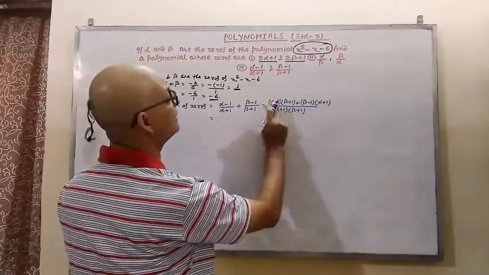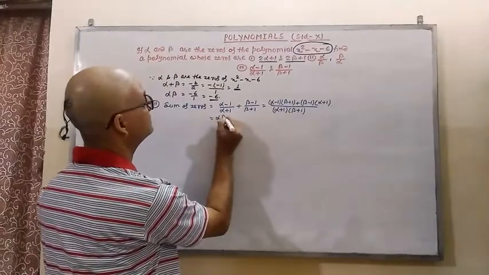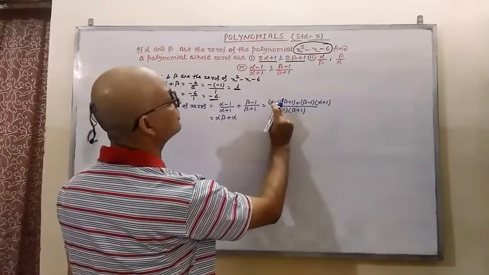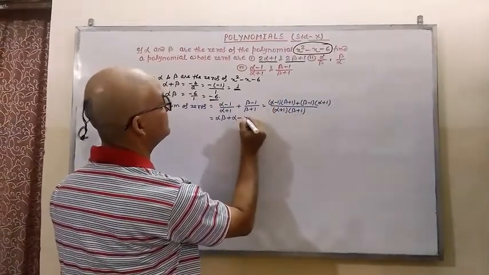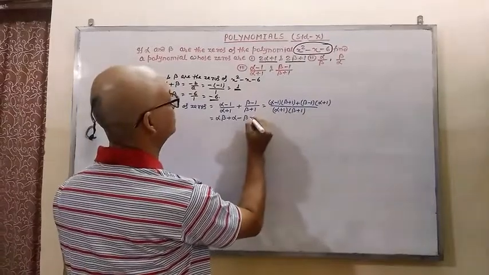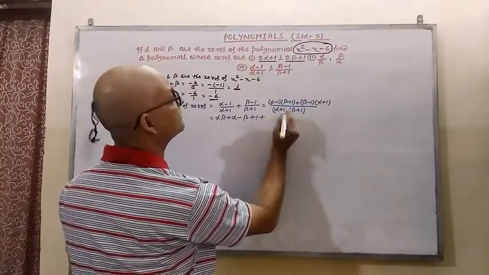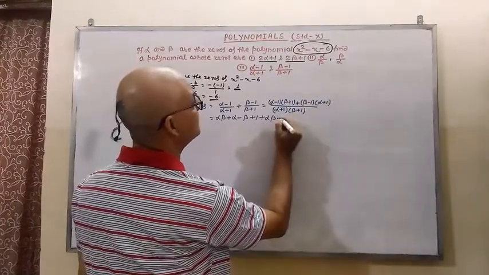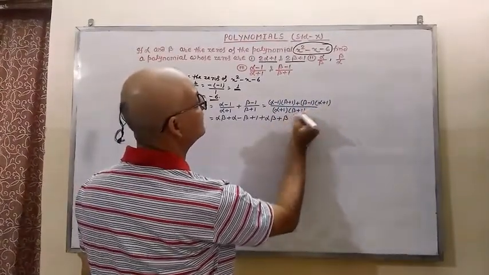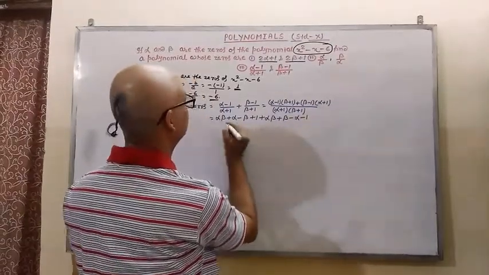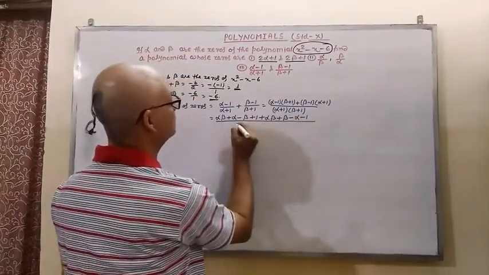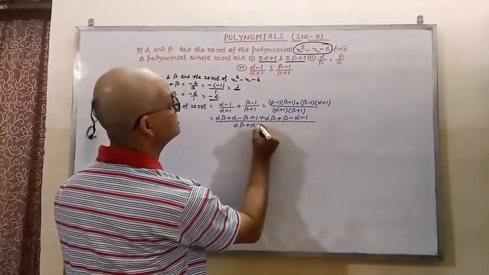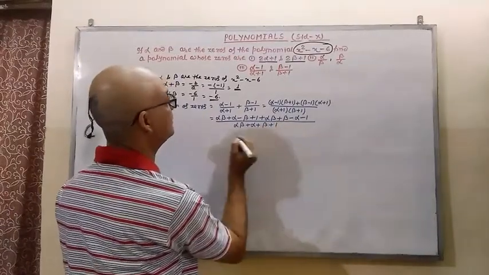Now multiply: alpha beta plus alpha minus beta minus 1, plus alpha beta plus beta minus alpha minus 1, whole divided by alpha beta plus alpha plus beta plus 1.